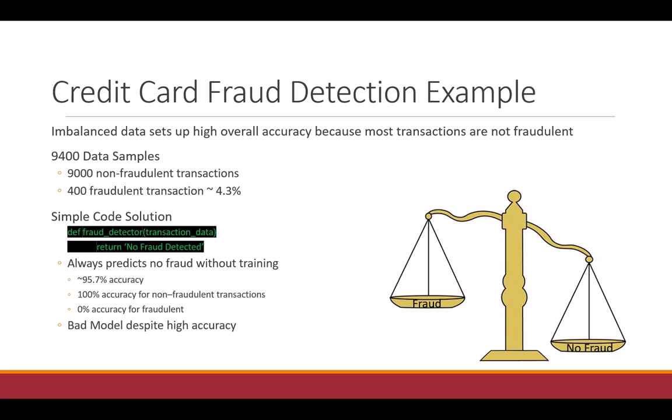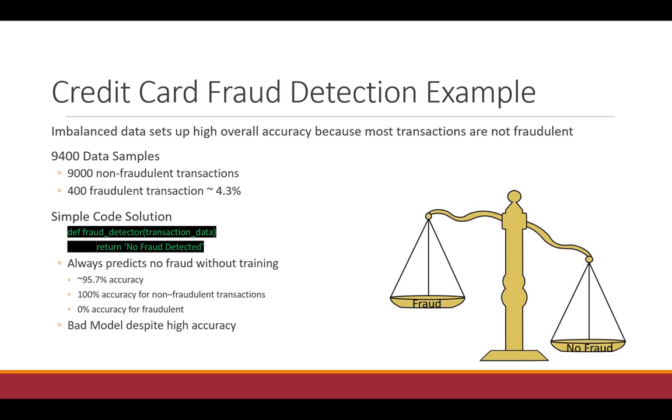Now, simply by being such a small proportion of the data, we could literally just make code that says, put in whatever data and just return no fraud. And by simple numbers, the accuracy of prediction of a model like that would be close to 96%. Why is that?